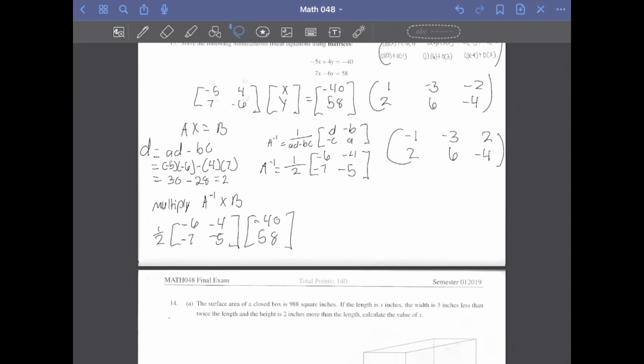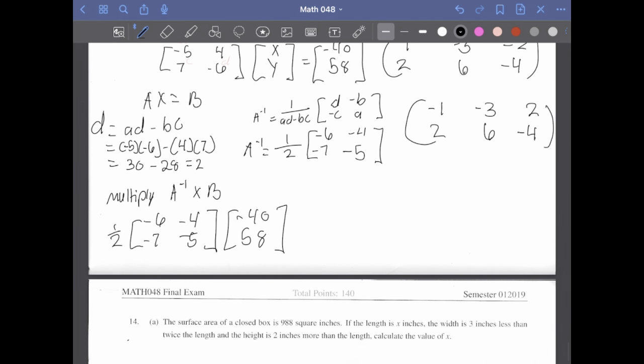Right, so now I'm gonna multiply. Our top entry is -6 times -40 plus -4 times 58.